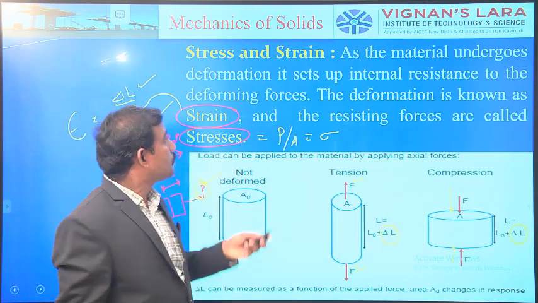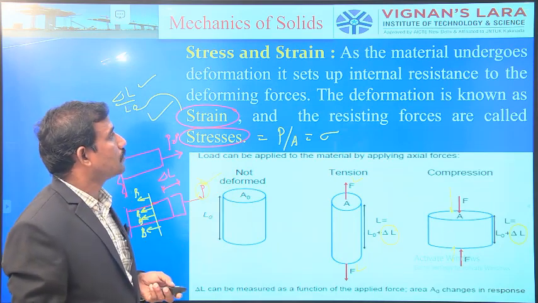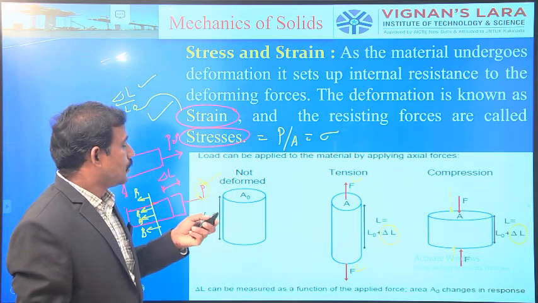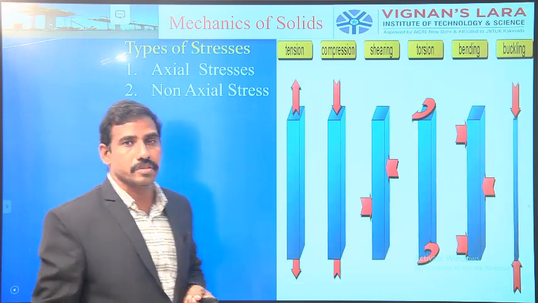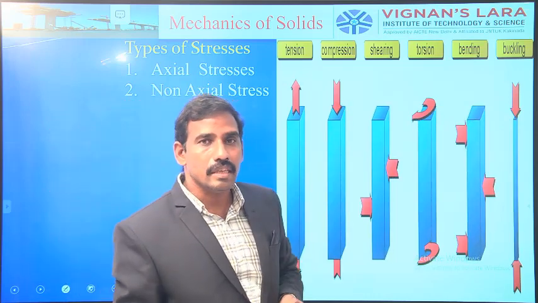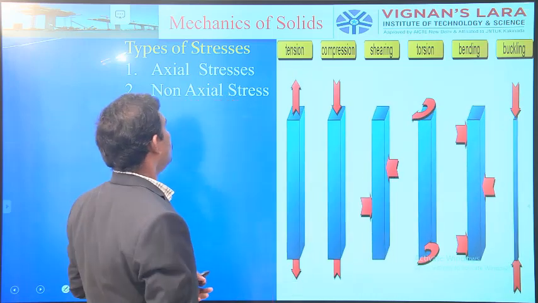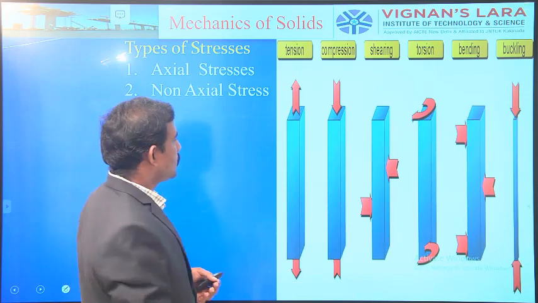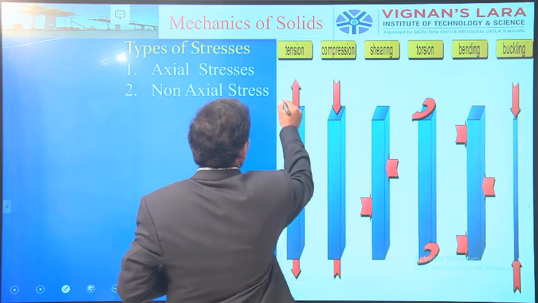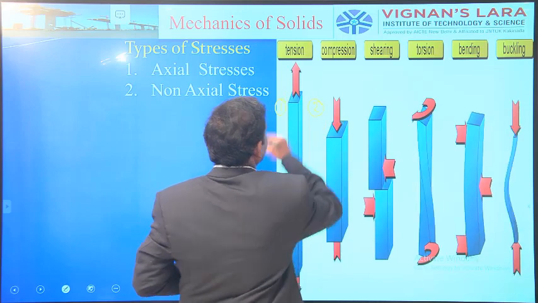So what is meant by stress and strain? We know the concept of stress. The stress and strain are induced due to the forces. For example, consider figures number 1 and 2.